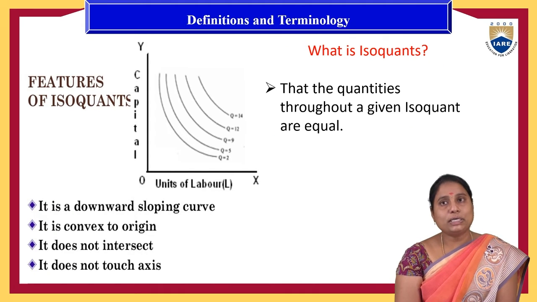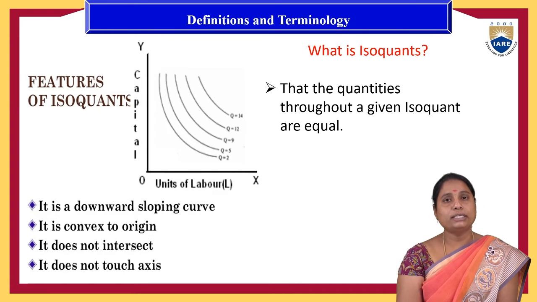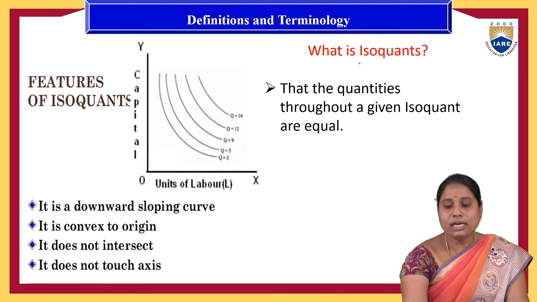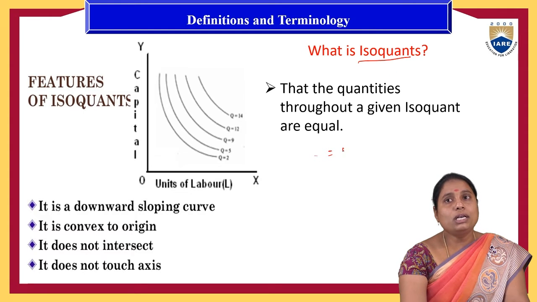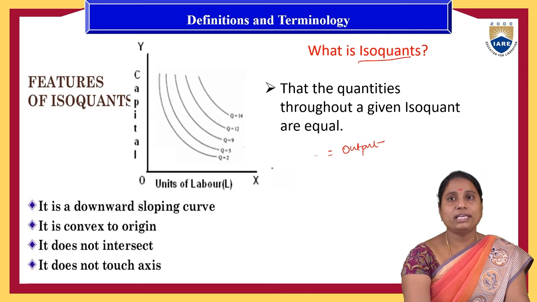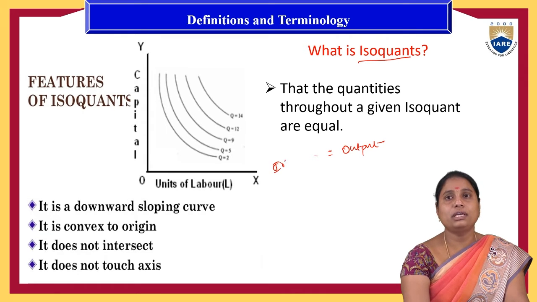Here we get the concept of isoquants. Iso means equal, quants means quantities. Isoquants indicate equal output levels for the various combinations of inputs.